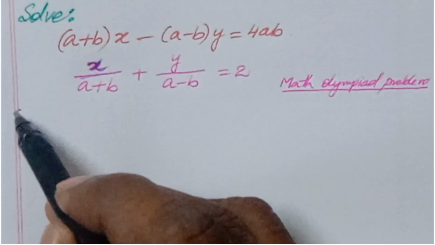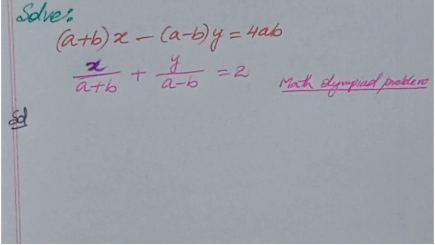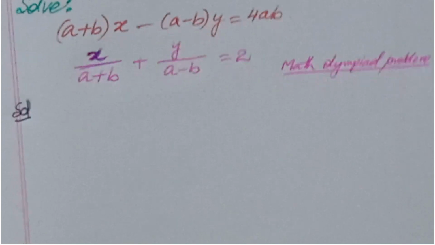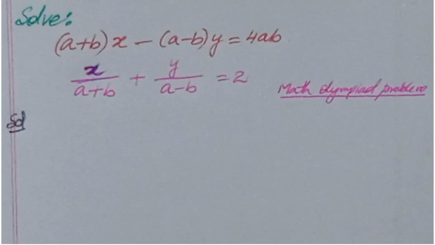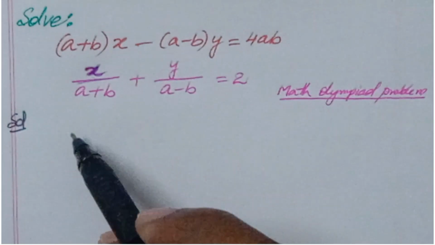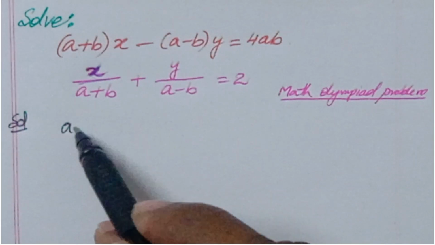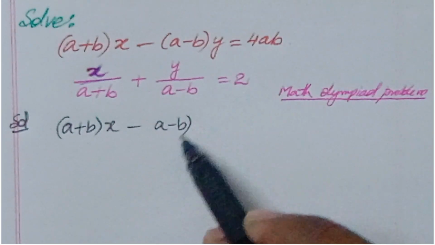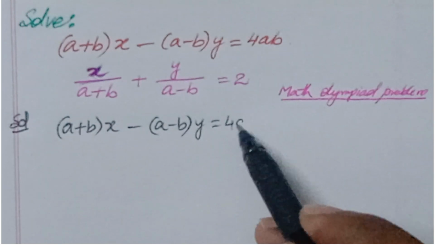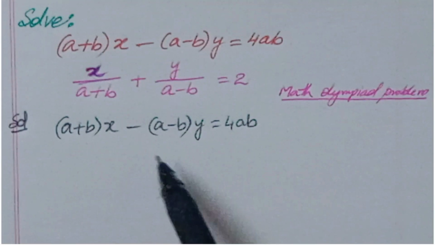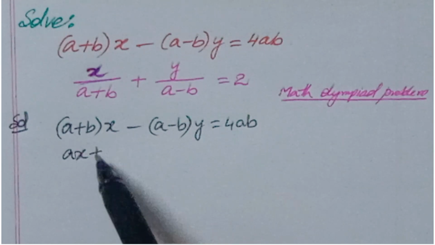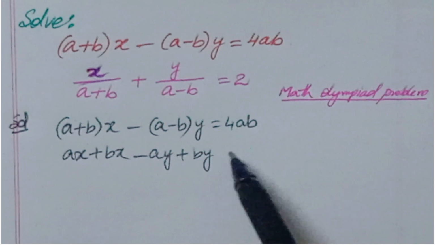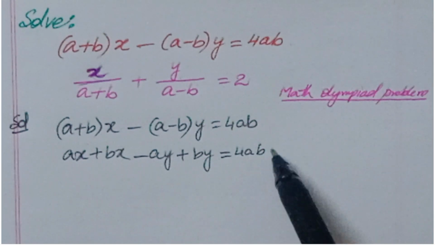Thank you. So here, solving this problem, we have some logic. If you take the first equation, (a+b)x - (a-b)y = 4ab, and open the bracket, ax + bx - ay + by = 4ab.